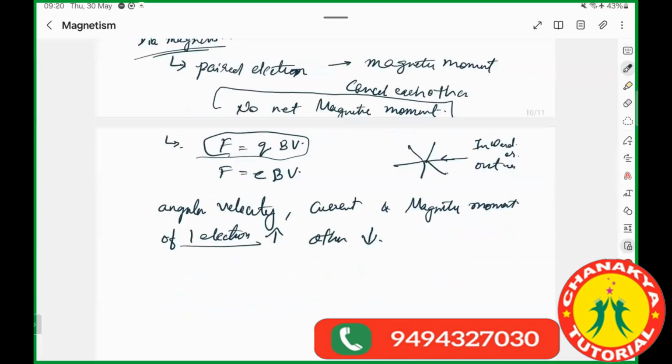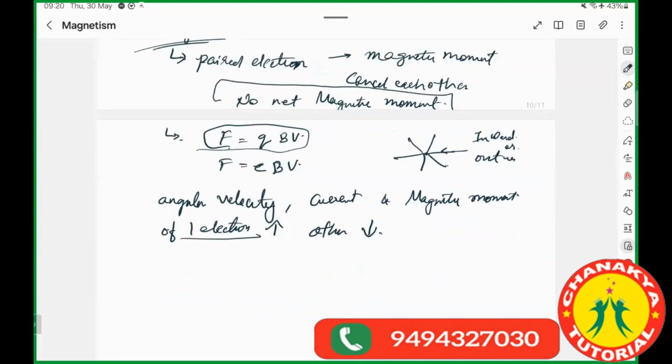This is similar to wrongly connected capacitors. But it doesn't mean that it has zero magnetic moment.